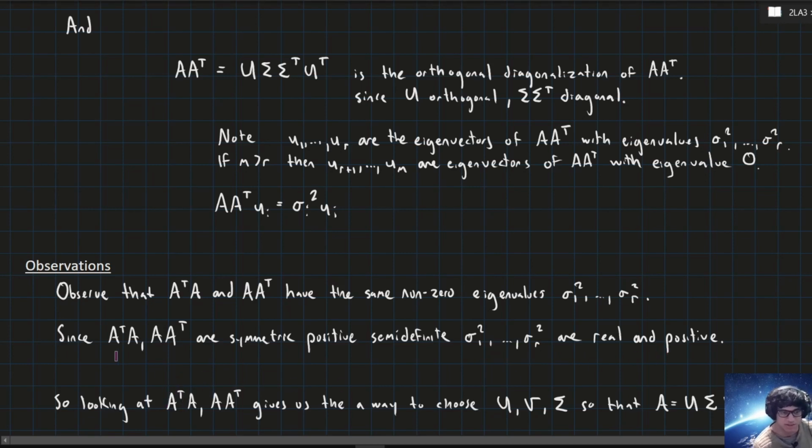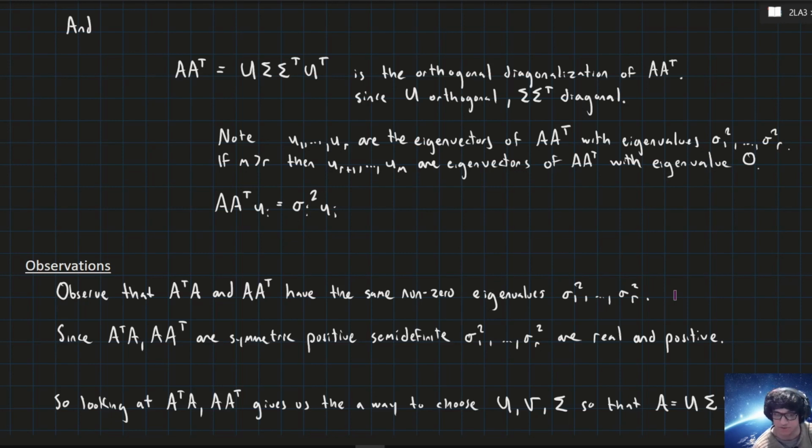So looking at these two matrices gives us a way to choose our U's, V's, and sigmas that will make this decomposition make sense. I should add that these two matrices share the same non-zero eigenvalues, but depending on their sizes, one of them could have 0 and the other one could not, or they could both have 0, or neither could have 0.